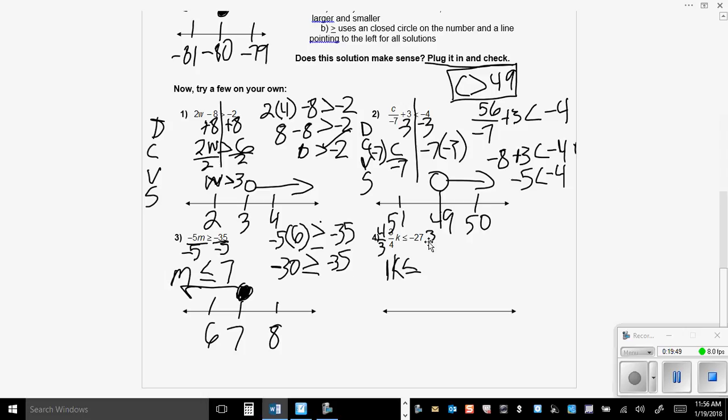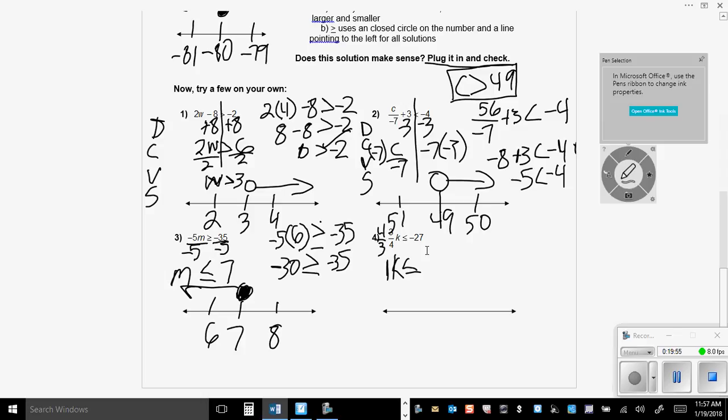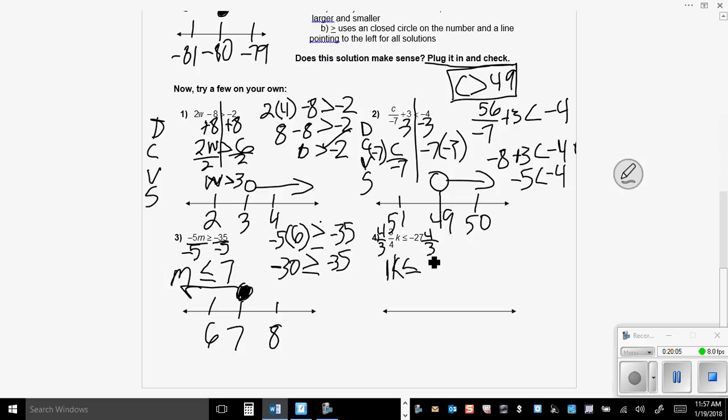So that makes it a little bit easier. So I'll write 4/3, and we'll just multiply 27 times 4. That's 108, and we know it's going to be a negative number because the 27 is negative.